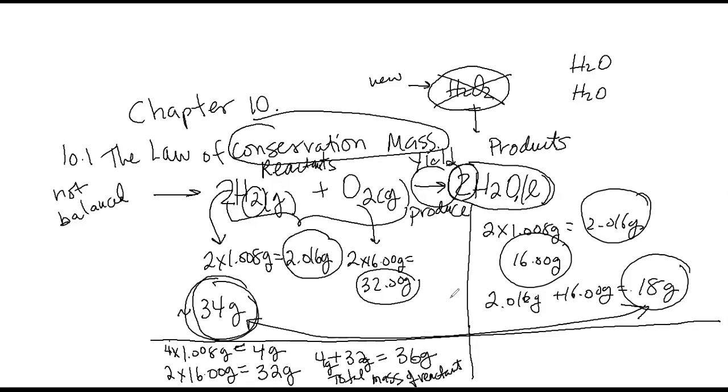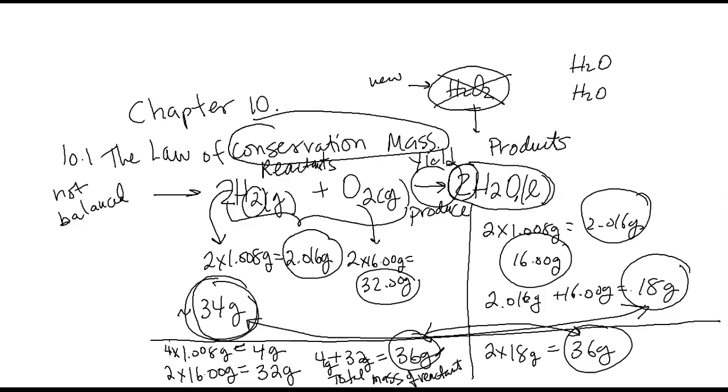Okay, let's go back to this one here. Remember, guys, to balance I put a 2 in here. Very important. Now, 1 mole of H2O was 18 grams. But now that I balanced, I have 2 times 18, oops, let me correct that. 2 times 18 grams will be 36 grams. There we go. 36 grams is equal to 36 grams.